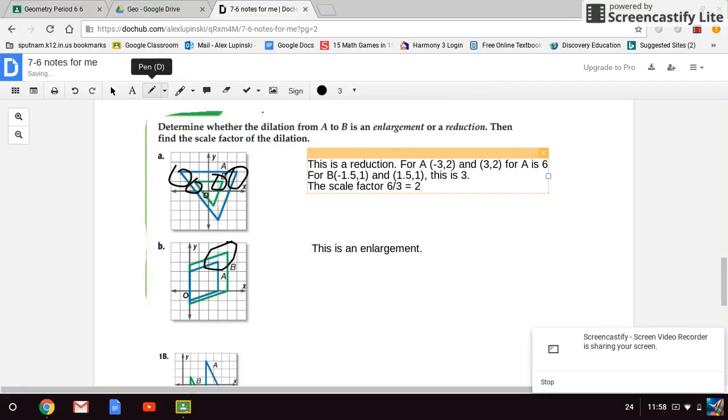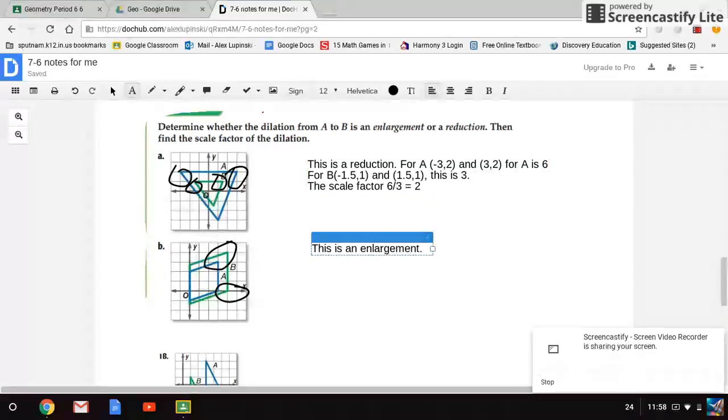Basically, I'm just going to circle these two and these two. So for A, the points are 3, 3 and 3, 0, which would be 3. So the distance is 3.